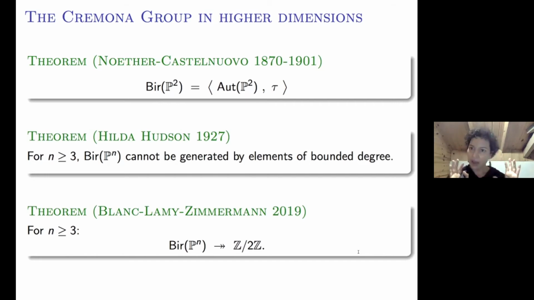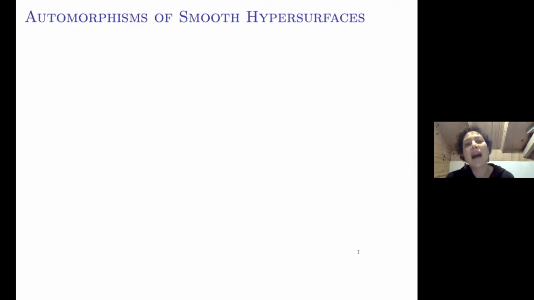Okay, so first I introduced the automorphism groups of projective varieties, and then I discussed this different type of symmetry, the birational self maps. Now let me connect them by revisiting this problem that I discussed earlier, the automorphisms of smooth hypersurfaces.